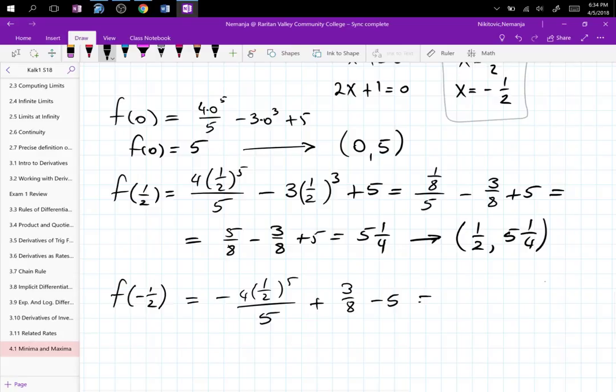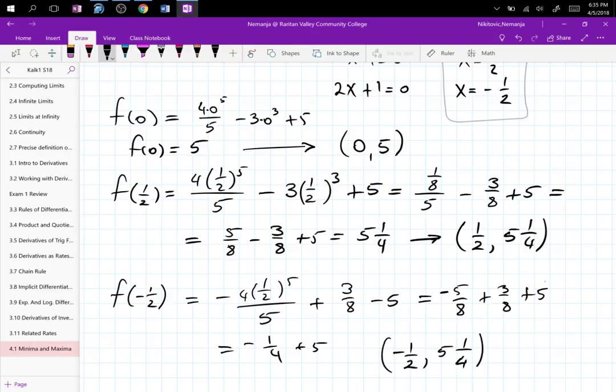Well, it's the same numbers: negative 5/8 plus 3/8 plus 5. So we have negative 2 over 8, so that's like a quarter. Plus 5. Sorry, negative 1/2, and the same as this guy, so 5 and 1/4. There we go. Done.